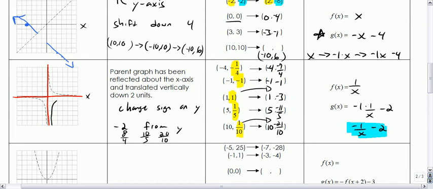So that gives me this shape. And then down 2. Well, imagine taking all that stuff and just sliding it down 2. Okay, so the picture you come up with is going to be this one. So think about moving those red lines down 2.